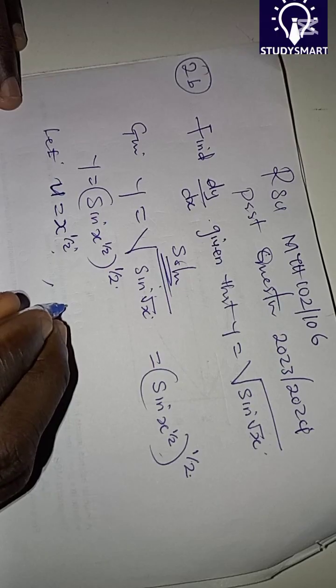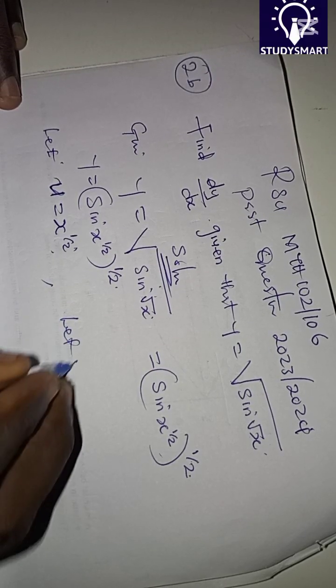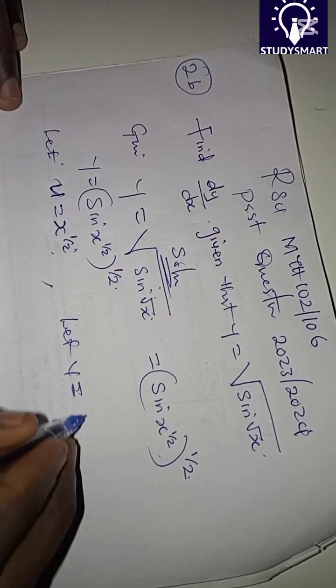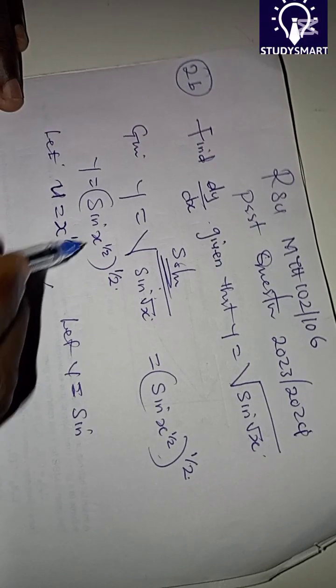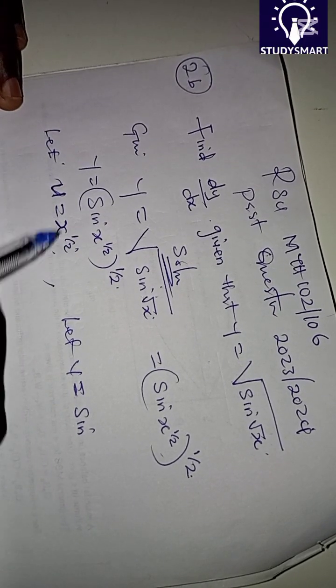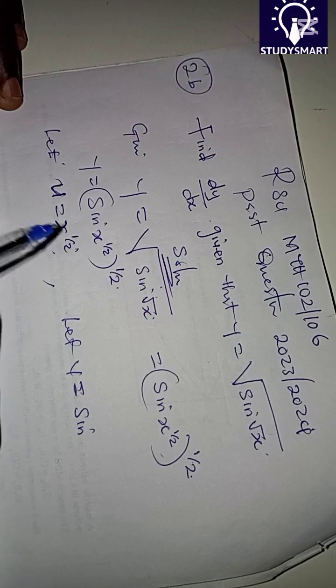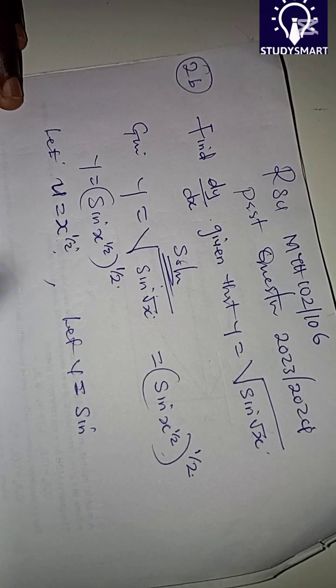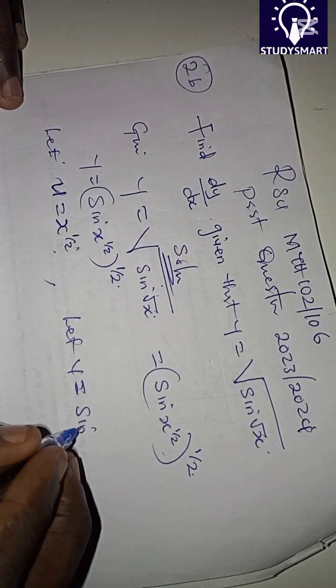Meaning I can say let v be equal to sine of this. So this will be my v. Because I said u is equal to x to the power 1 over 2, anywhere I see this, I'll put u there. So it will be sine u here.